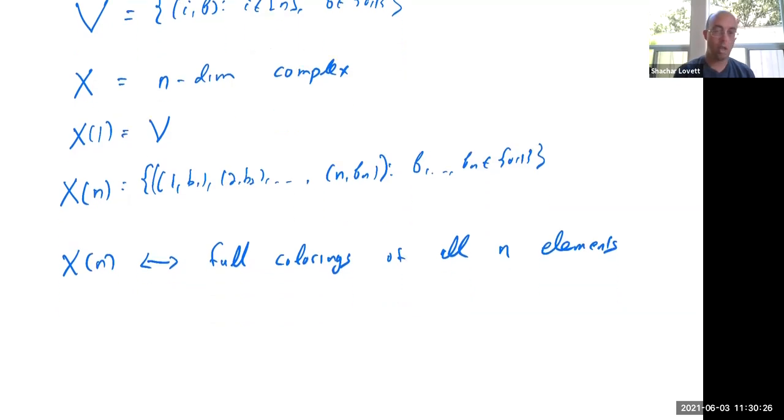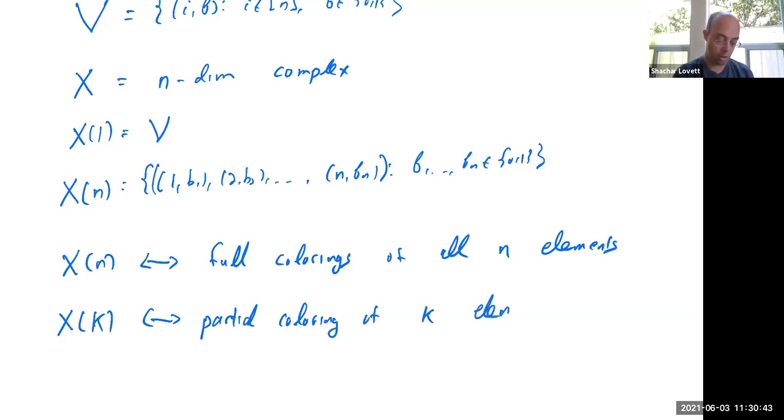And then we can think about intermediate level phases as partial colorings. So elements in X_k correspond to partial colorings of k elements.